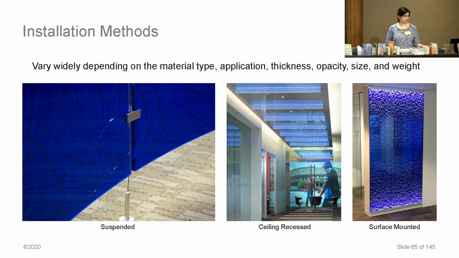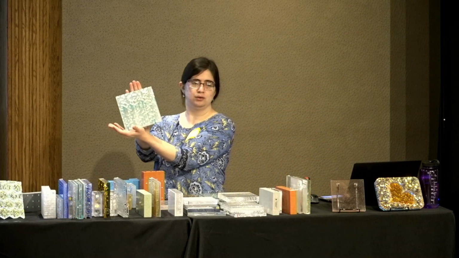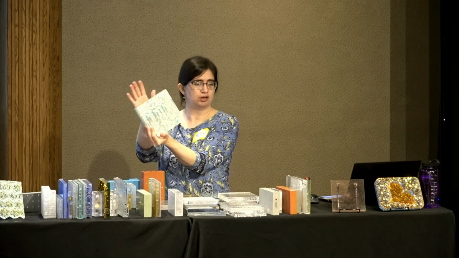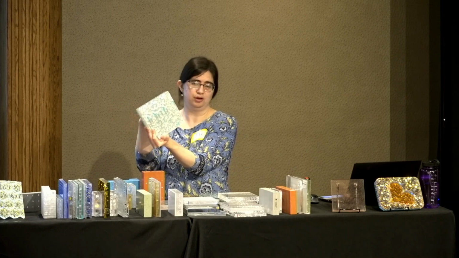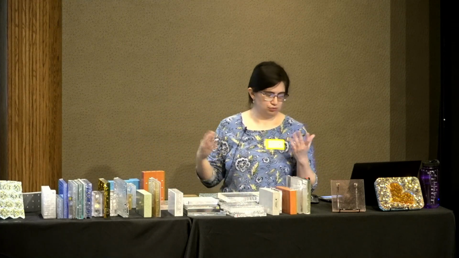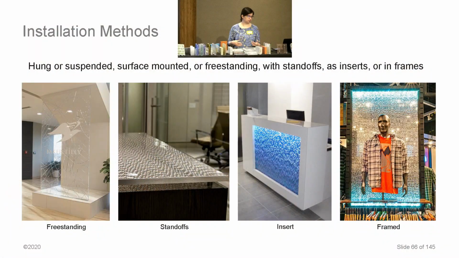Installation considerations also include opacity, size, of course, thickness. A lot of times these opaque options, like this one, are great to be surface mounted. That's just a real clean, kind of simple install. You don't see the hardware or anything like that. You can also do frames, standoffs.